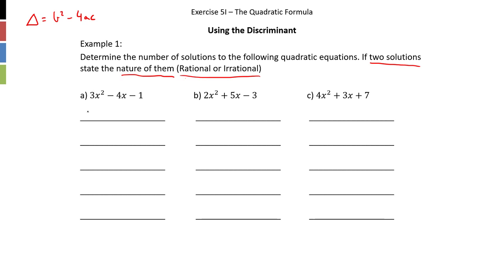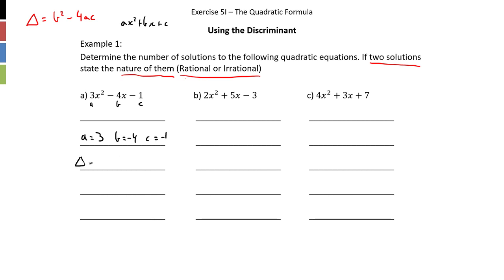So in this case, we're going to write down our values. Our general form is ax squared plus bx plus c. So that's our a, that's our b, that's our c. So a is equal to 3, b is equal to -4, c is equal to -1.